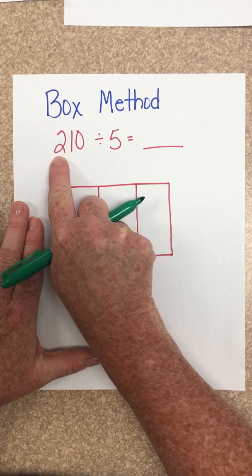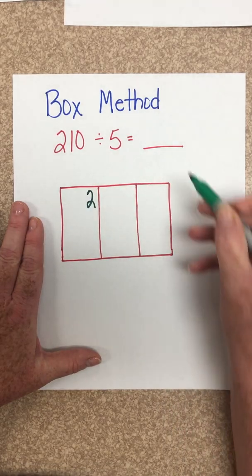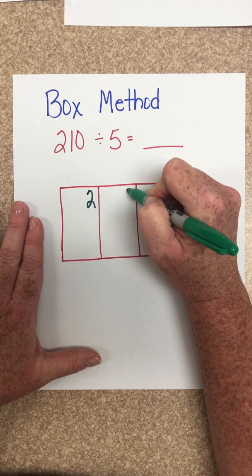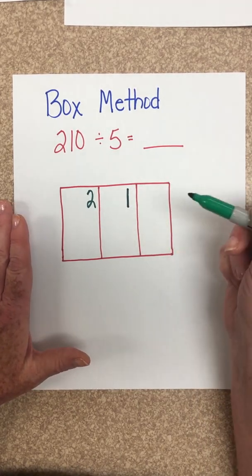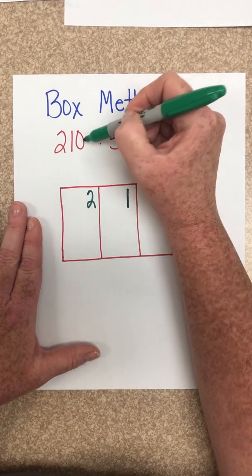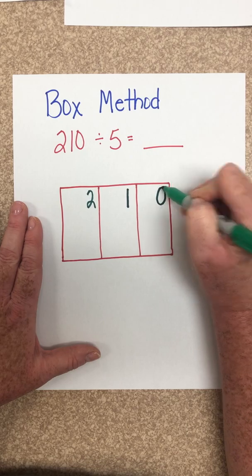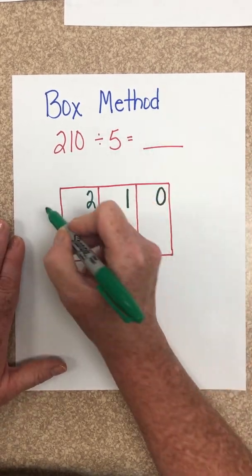So the 2 goes in the upper right corner of the first column. The 1 goes in the upper right corner of the second column. And the 0 goes in the last column in the upper right as well. The 5 is the divisor and it goes out front.